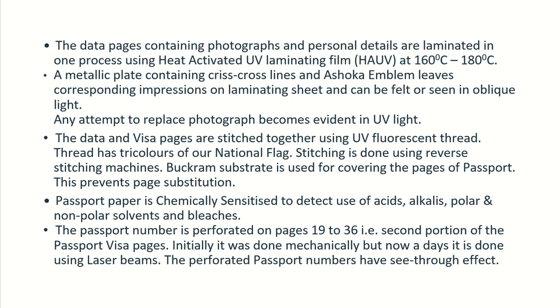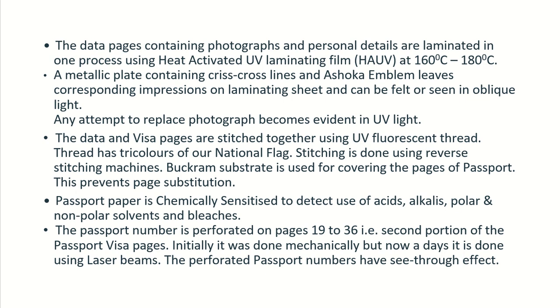The data and visa pages are stitched together using UV fluorescent thread, and reverse stitching machines are used for that purpose. Bukram substrate is used for covering the pages of the passport to prevent page substitution.